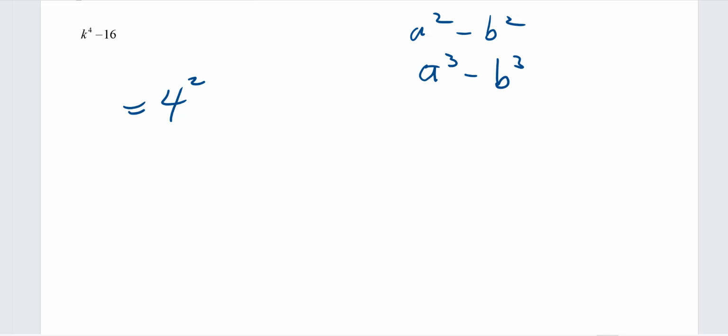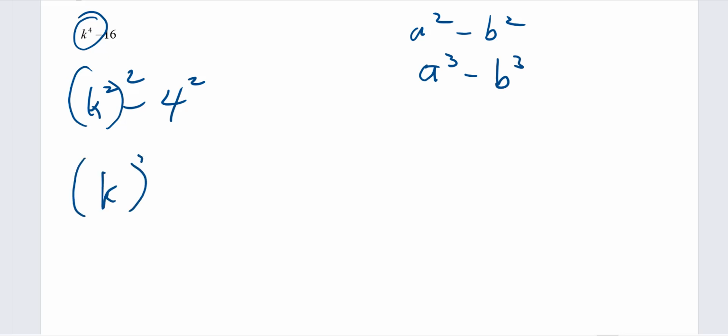Could we somehow write that as the square of something? Yes, we could. That's k squared squared. So we have rewritten the original as something squared minus something squared. We have that, so we can use that formula.